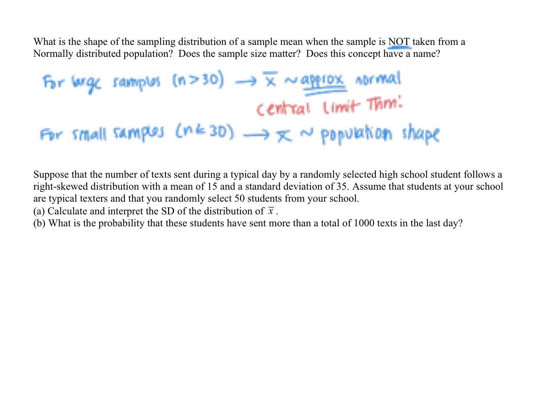Assume that students at your school are typical texters, and you randomly select 50 students from your school. Part A, calculate and interpret the standard deviation of the distribution of X bar. So standard deviation of X bar is going to be the standard deviation of the population over root n. Standard deviation of the population is 35, and we're taking a sample of size 50, and I don't know what that is because I didn't do the calculation for us.